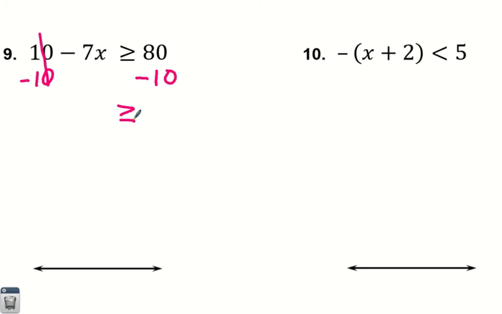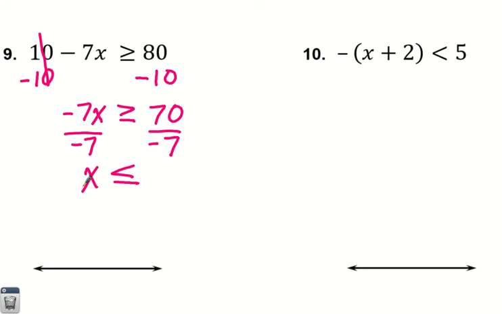The left side is now negative 7x. It's a 70, and now we find ourselves dividing by something negative. So this flips to a less than or equal to, and 70 divided by negative 7 is negative 10. So it's less than or equal to negative 10.